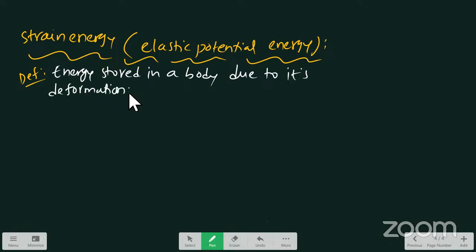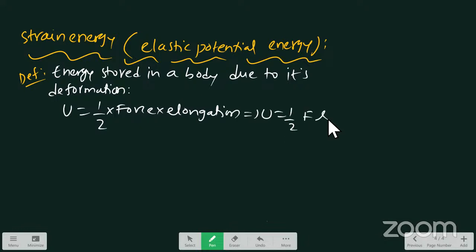We want the proof: 1/2 into force into elongation. This is the formula for strain energy. A simple derivation for that. Now, the proof.